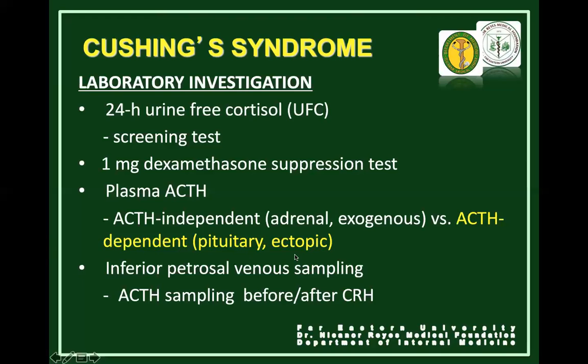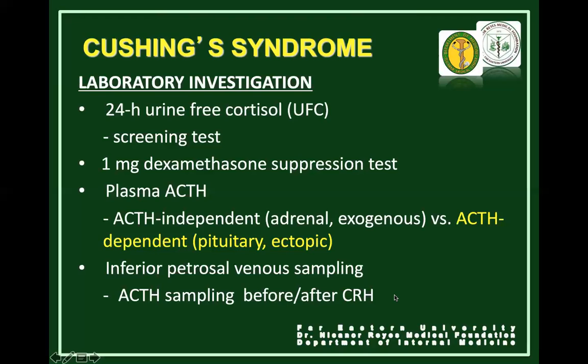Now, if you're not able to differentiate here, adrenal or pituitary or ectopic, then you can do an inferior petrosal venous sampling, wherein you get a sample from your inferior petrosal vein and a peripheral one, and you do ACTH sampling.